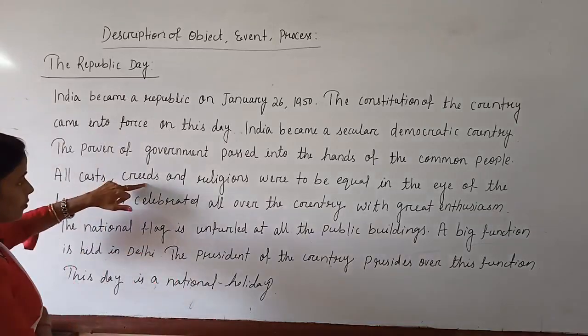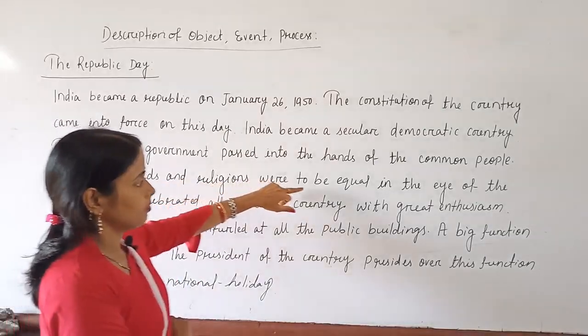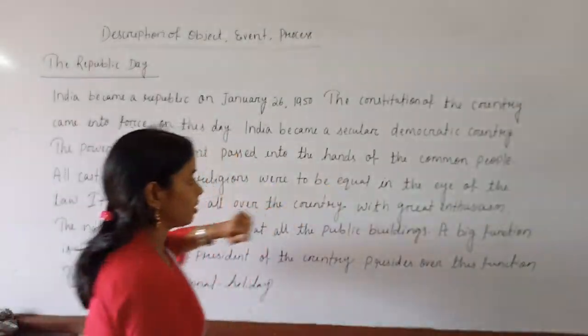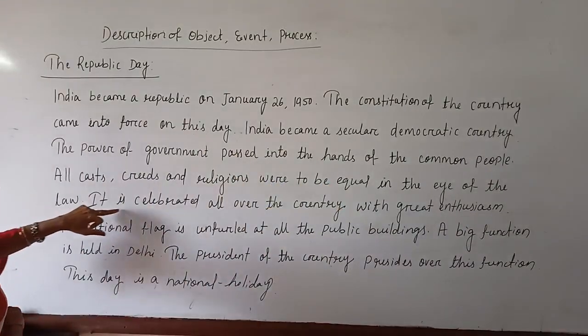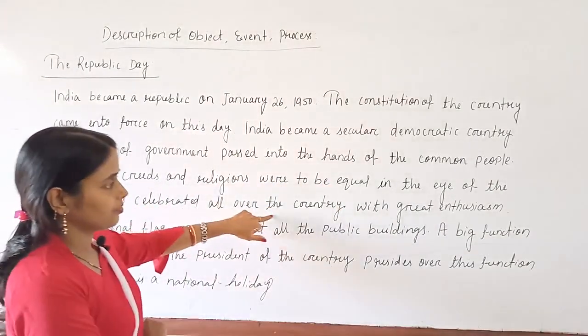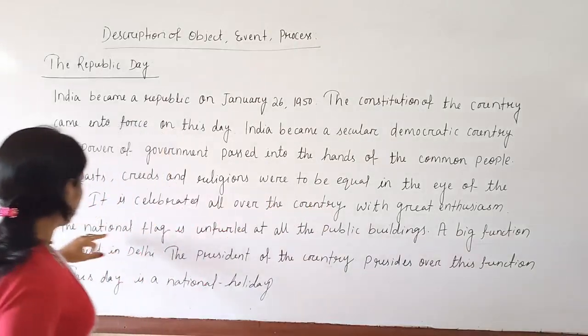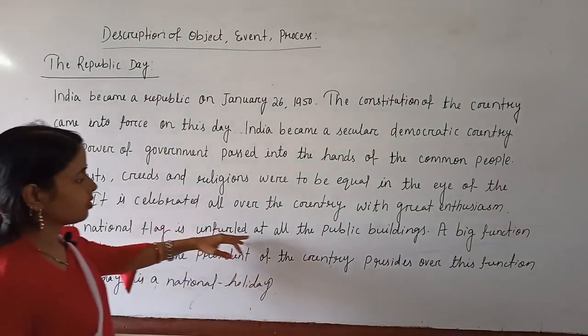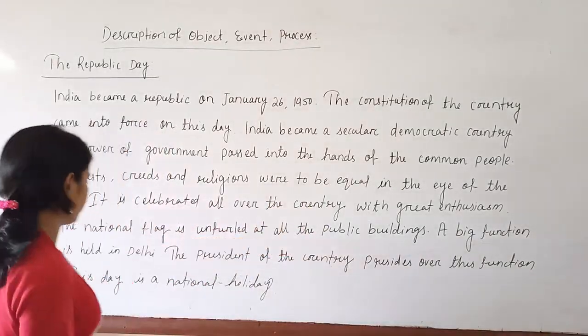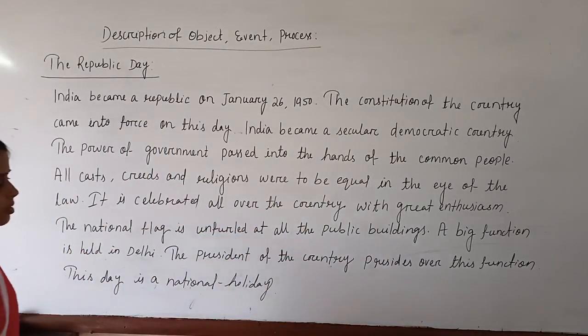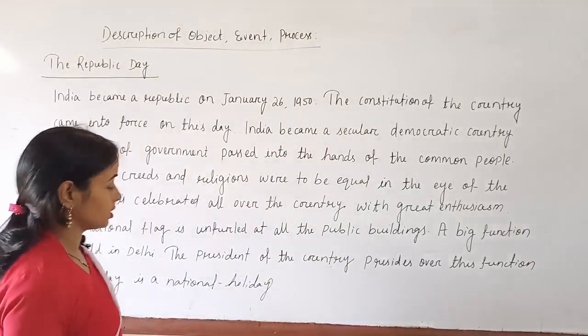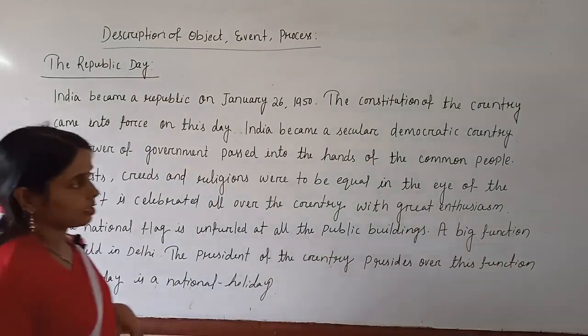All castes, creeds and religions were to be equal in the eye of the law. It is celebrated all over the country with great enthusiasm. The national flag is unfurled at all the public buildings. A big function is held in Delhi. The President of the country presides over this function. This day is a national holiday.